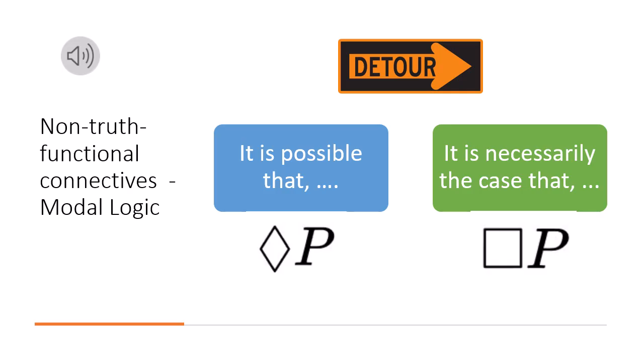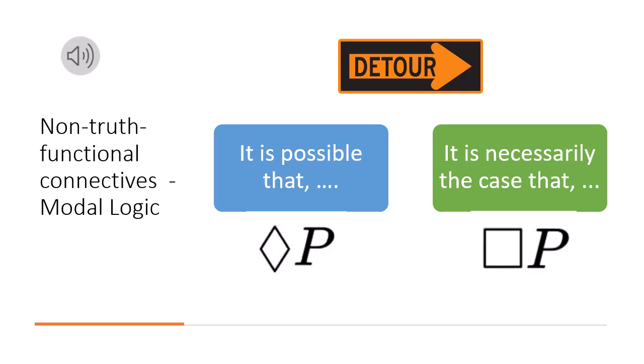But notice that these are not truth functional in nature. What I mean by that is if you were to replace P with some atomic sentence, for example, in the blocks language, let's say P was something like tet A. In other words, A is a tetrahedron. Well, then it's not enough to know the truth value of that statement, tet A, to determine if diamond tet A or box tet A is true.